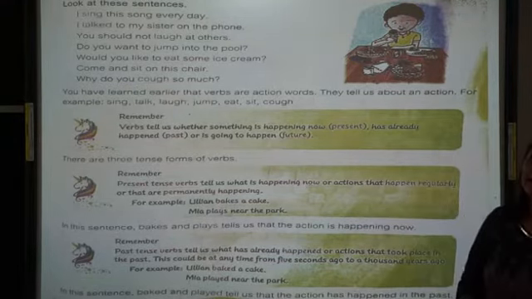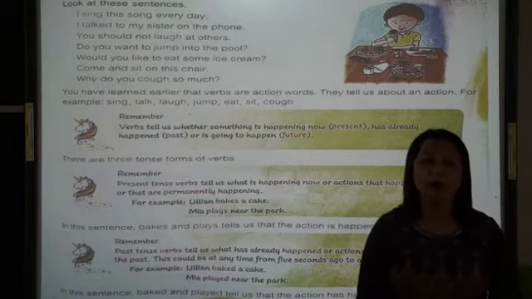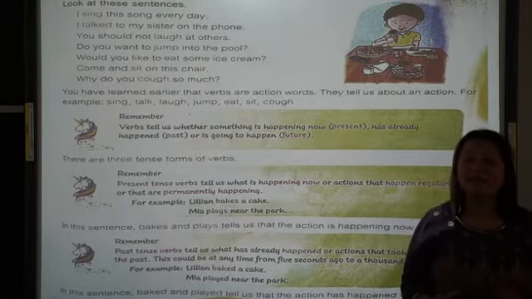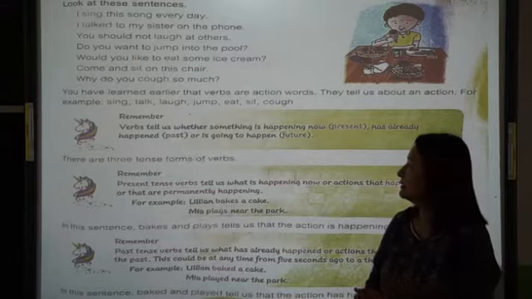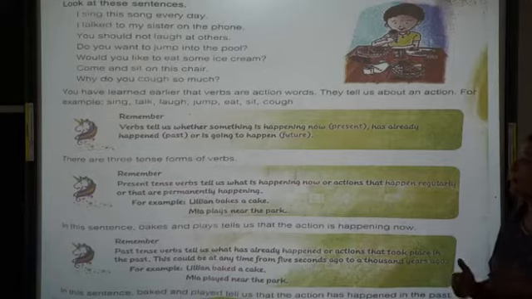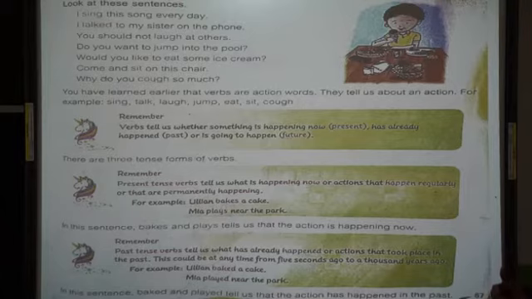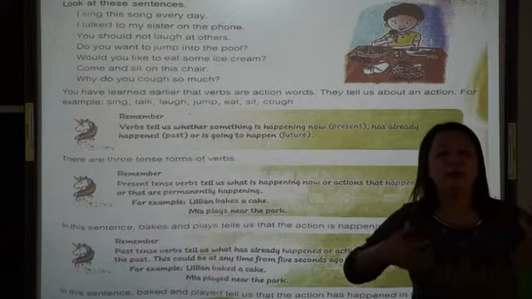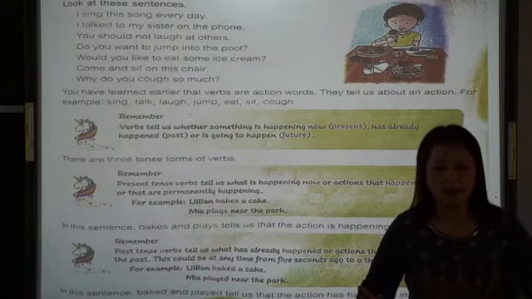First, let's discuss present tense. Present tense verbs tell us what is happening now or actions that happen regularly or that are permanently happening.